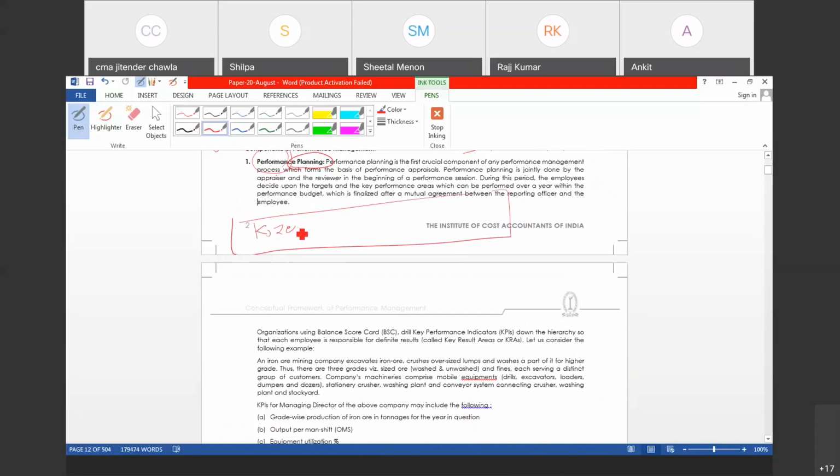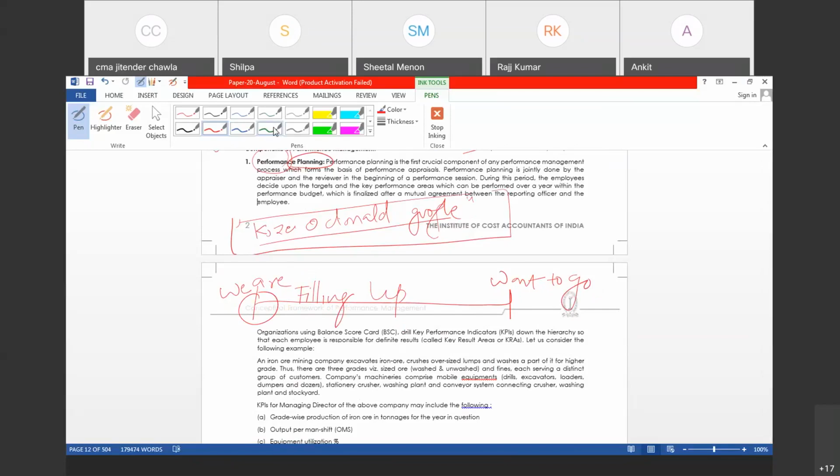You search it on Google, you will also find this definition by Koontz and O'Donnell, that it is filling the gap between where we are and where we want to go.